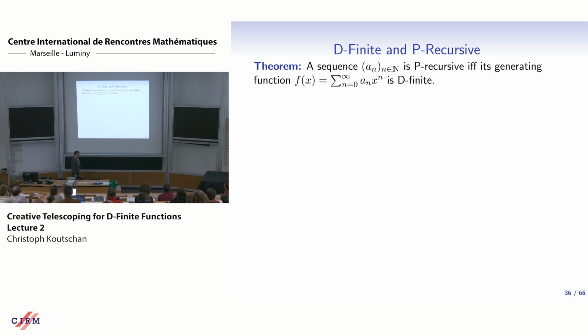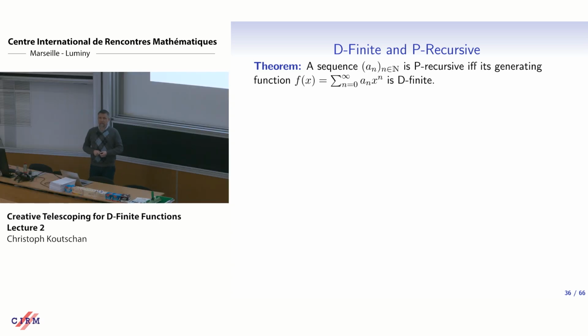Okay, so just to state this, there's of course a connection between D-finite and p-recursive. A sequence An is p-recursive if and only if its generating function, that is this formal sum An times x to the n from 0 to infinity, is D-finite in the sense as I introduced on Tuesday.